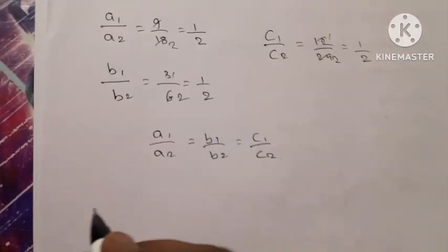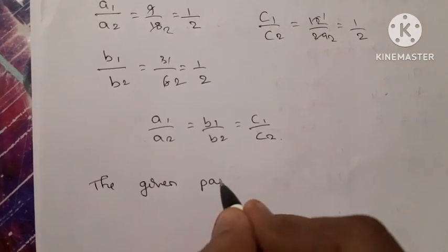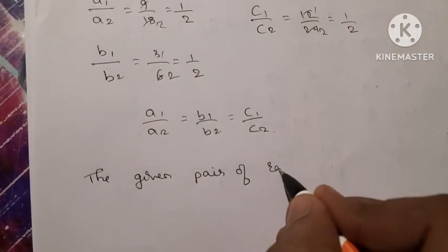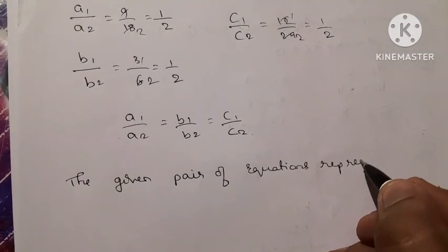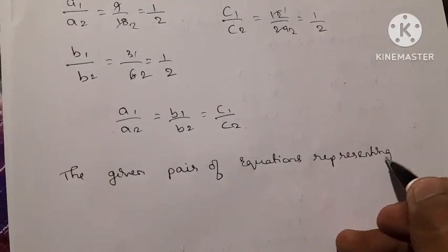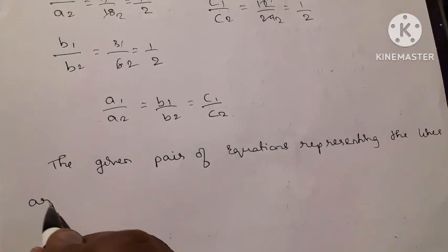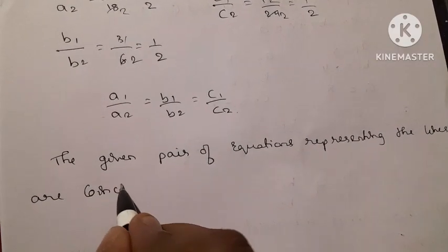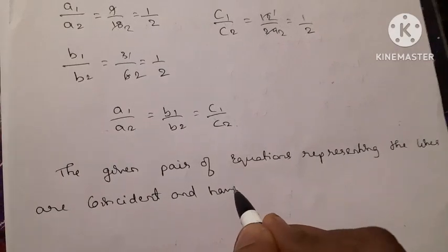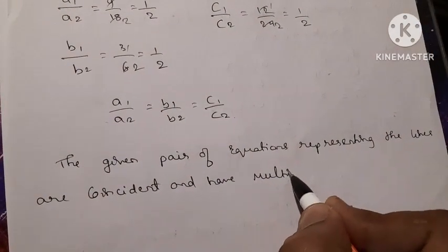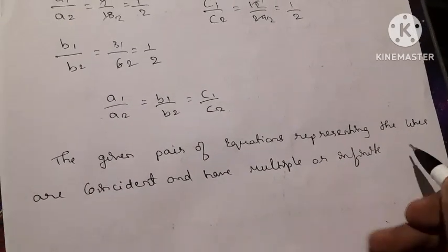So we can write the statement as: the given pair of equations representing the lines are coincident and have multiple or infinite solutions.